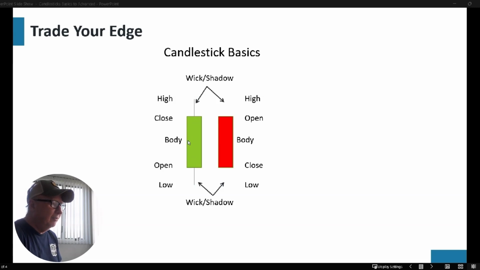So for example, if this is a 2 minute candle, it could have opened here at 0 seconds, moved here 30 seconds into the candle, started moving higher, and say at a minute 30 into the 2 minute candle, it's at this high, and then it pulls back. And at the 2 minute mark, this is where it closes.